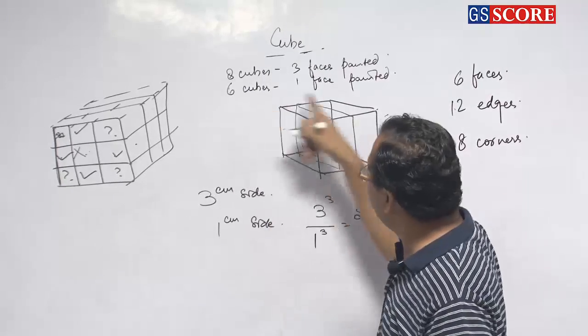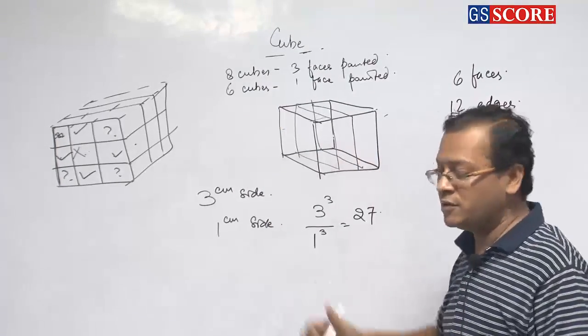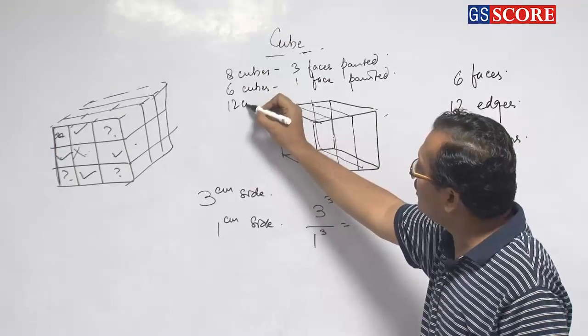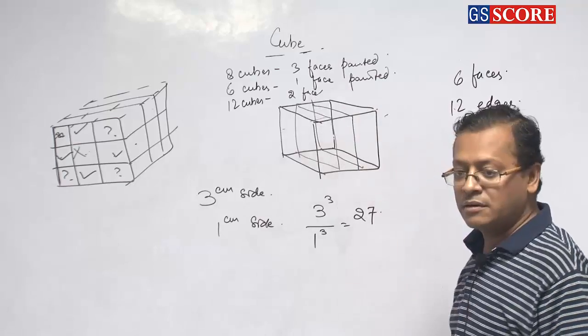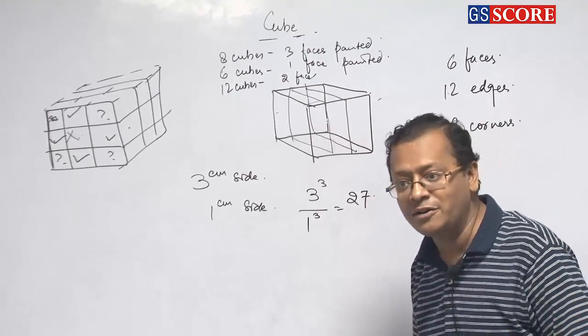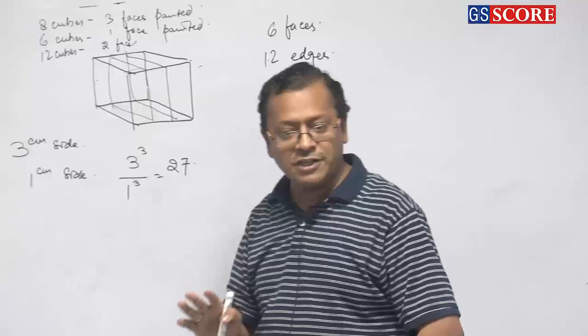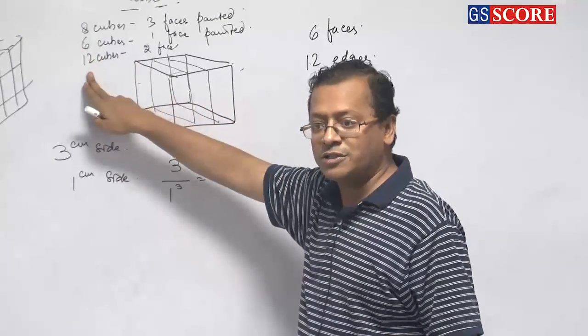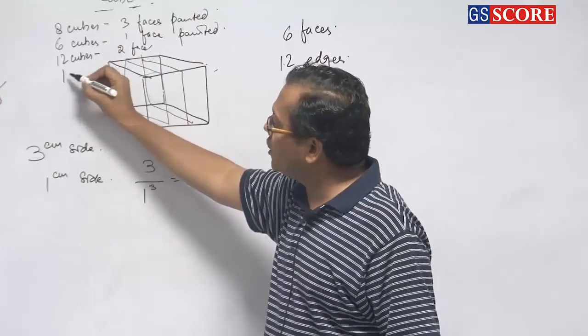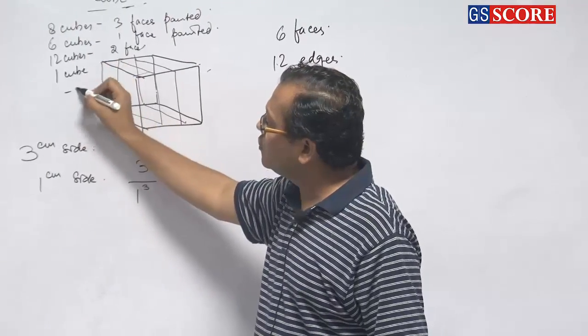So how many lengths are there? 12. So 12 cubes are having 2 faces painted. Clear or not? So the rest, 27 minus (8 plus 6 plus 12), is equal to how much? 1. So 1 cube is having no face painted.